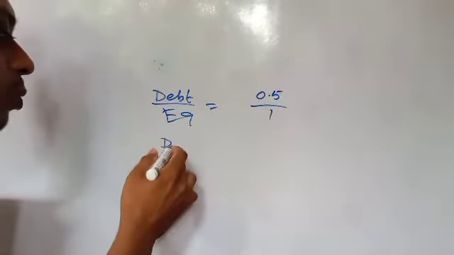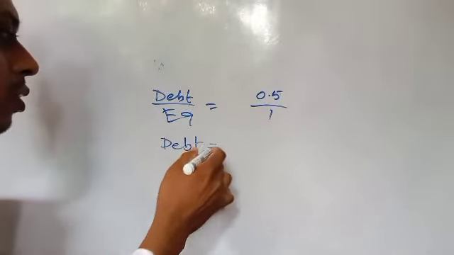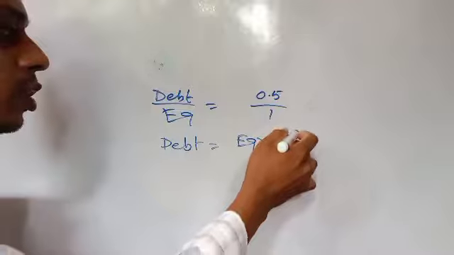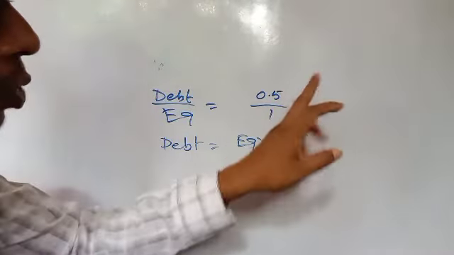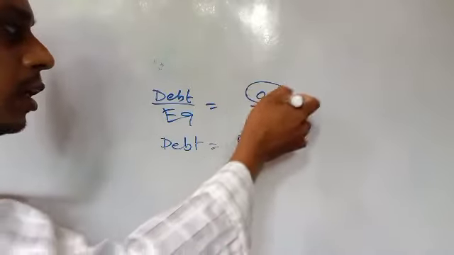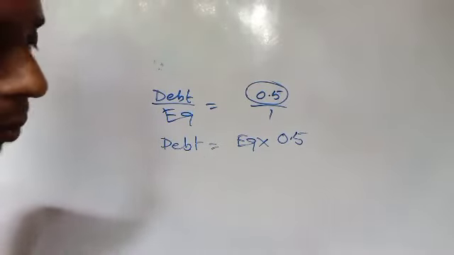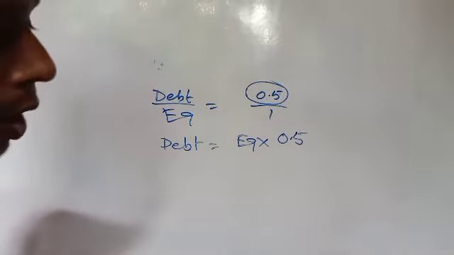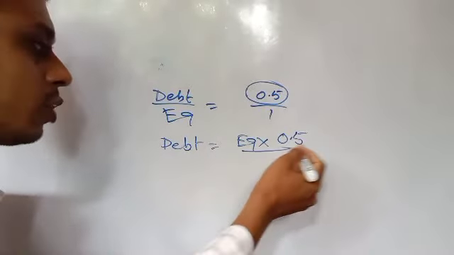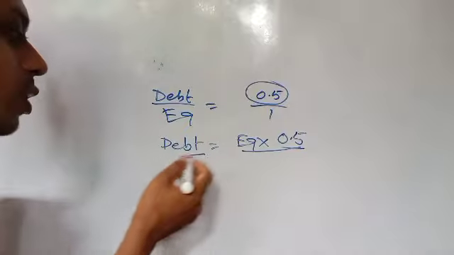Then how you have to find out debt? Debt equal to equity into debt to equity ratio 0.5. Only the first one, multiply or divide, whatever, that only numerator, because denominator is 1. If you divide by 1, same answer. If you multiply by 1, same answer. So equity into debt to equity ratio, then you will get debt.